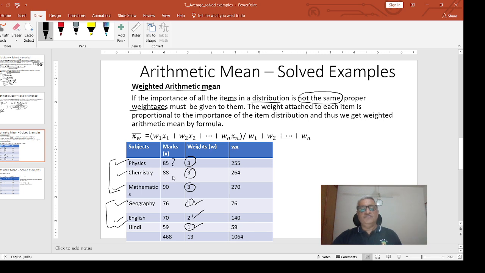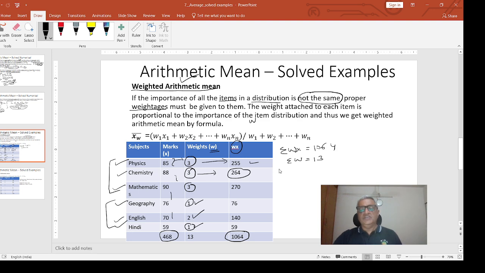Now marks for each of these subjects are given here. The total marks scored are 468, and I have to calculate the weighted arithmetic mean. I first have to calculate Wx, which is W multiplied by X. So 85 multiplied by 3 is 255, 88 multiplied by 3 is 264. I will calculate for all the rows, and I get the summation of Wx as 1064 and the summation of W as 13.